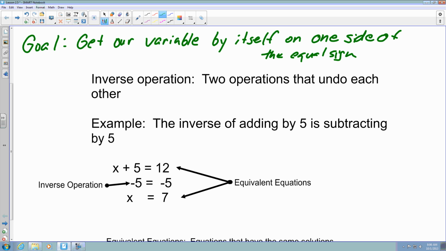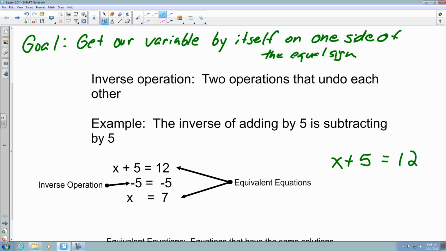Now, in order to do that, we have to eliminate some values in order to get the variable on one side of the equal sign. So, in this case, we had the example of x plus 5 equals 12.